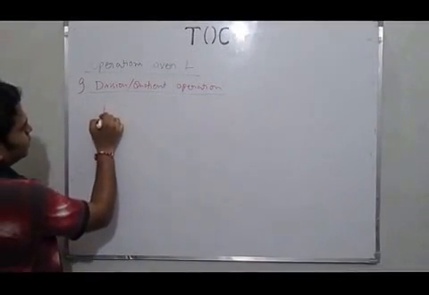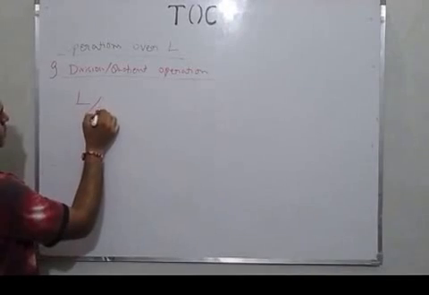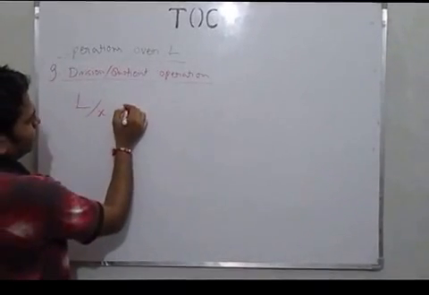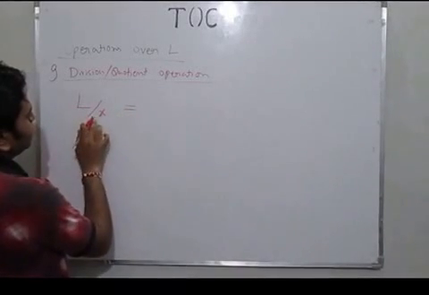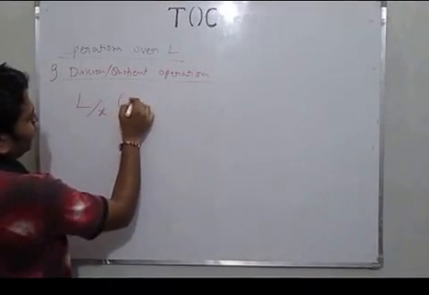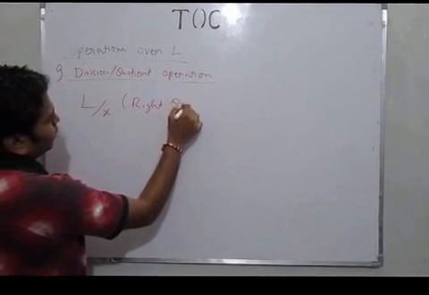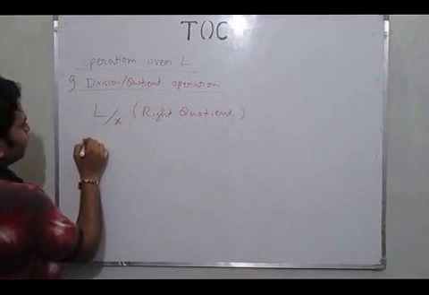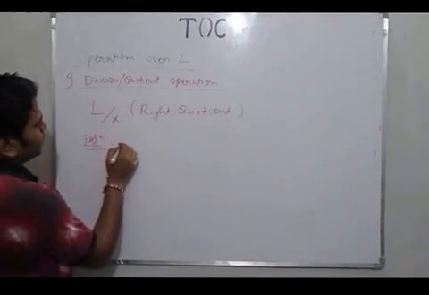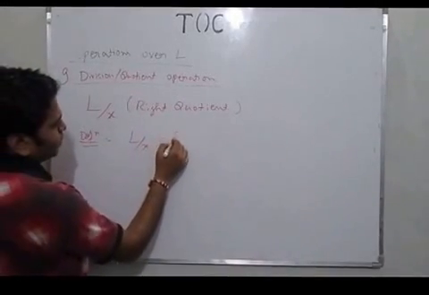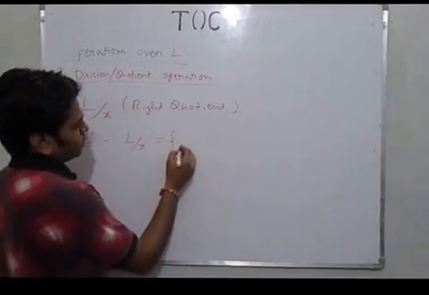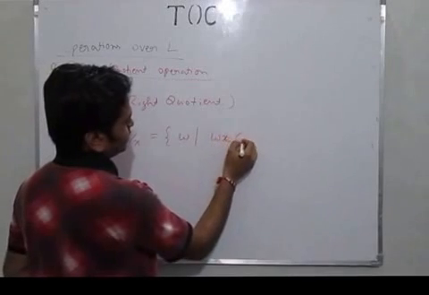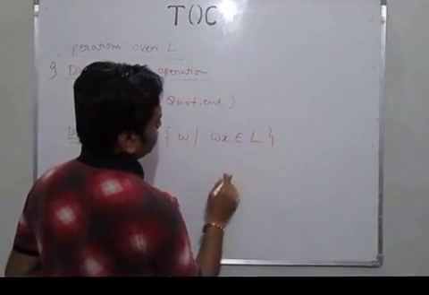Suppose L is a language and we have to divide it by some string x. We basically call this operation the right quotient. Fine. So how can we define it? We can define it as L/x, which implies w such that wx belongs to the language.